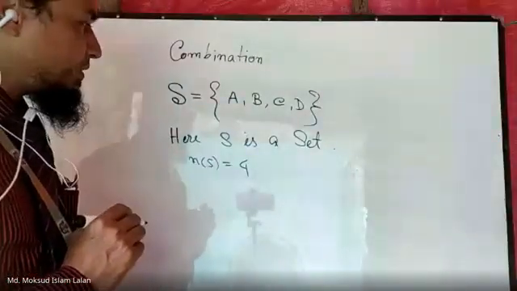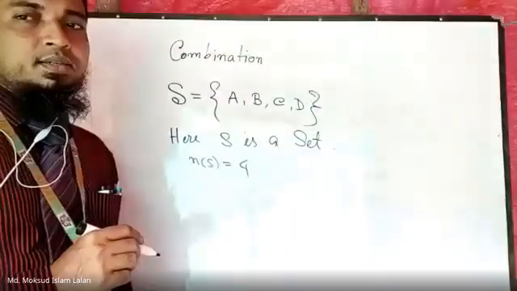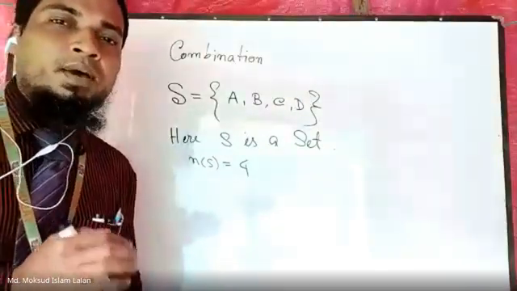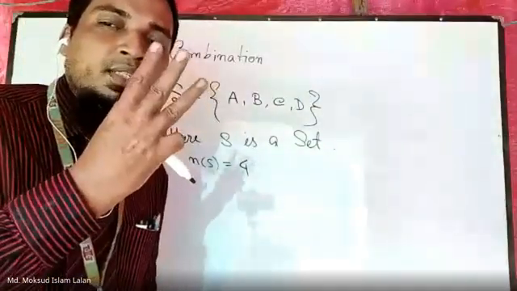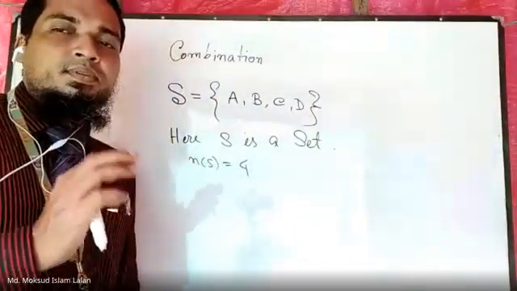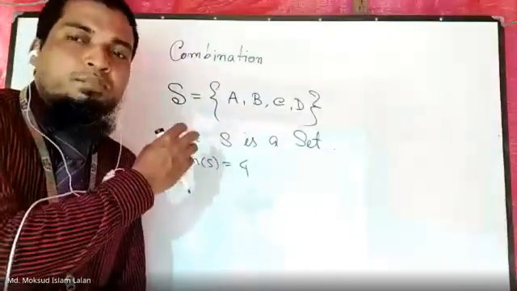And if I ask you, how many sets you can form by considering three elements? Do you understand the question? My question is, try to form the subsets.